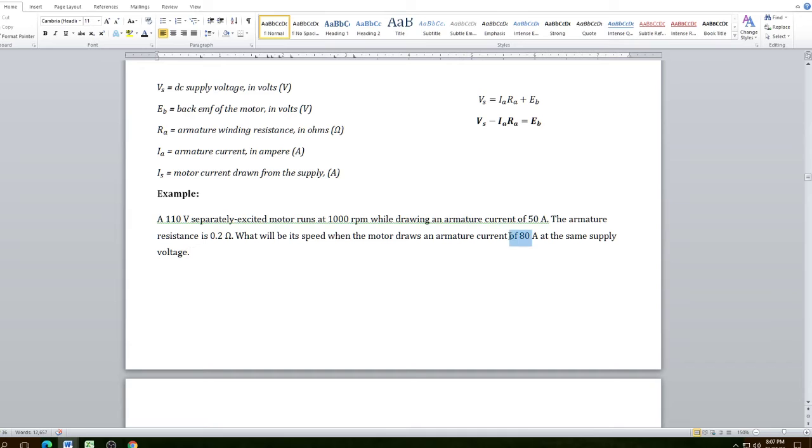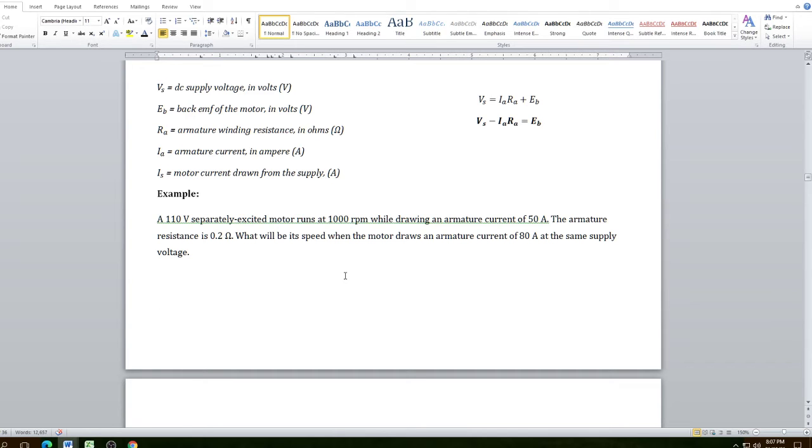What formula are we going to use? We have 1000 RPM, and we have 110 volts.